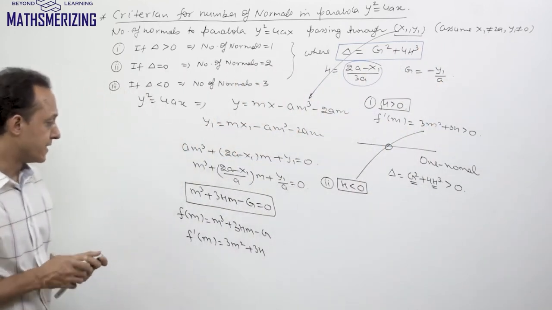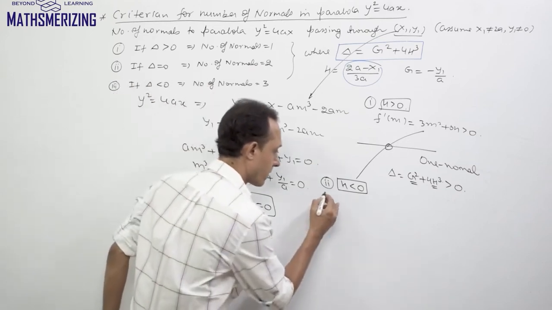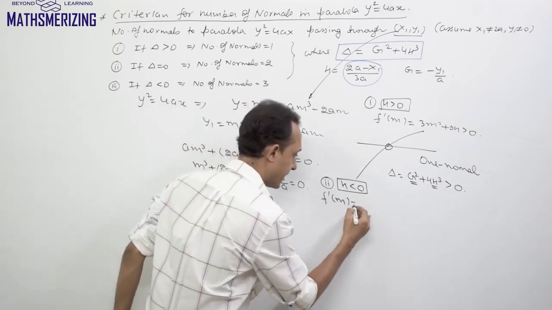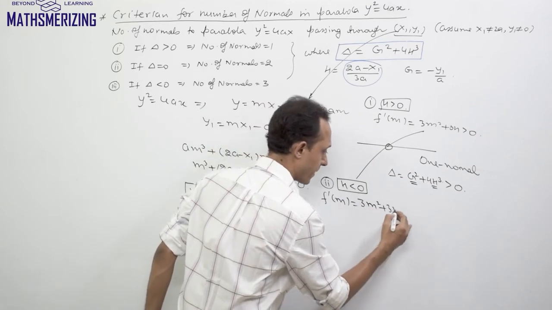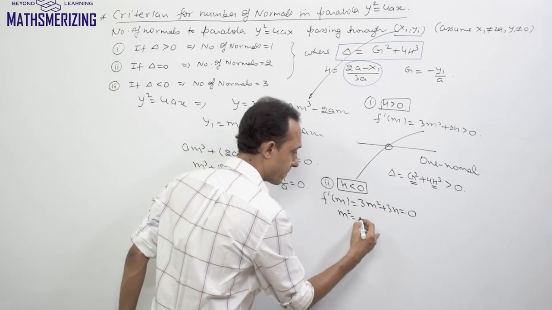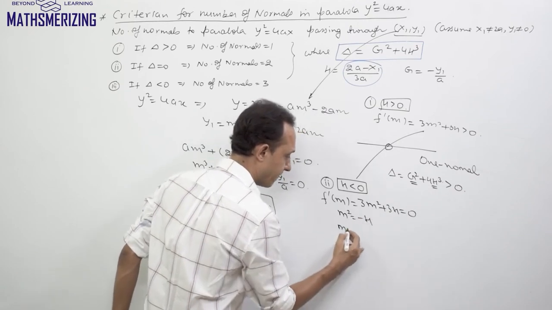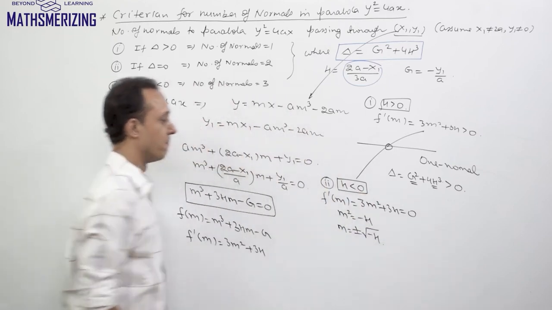Now when h is less than 0, in that case we can write f dash m as 3m square plus 3h equals 0. Then I'll write m square as minus h. Then m will be plus or minus under root of minus h.